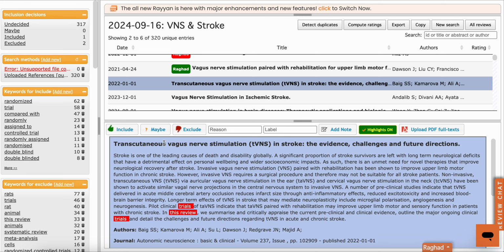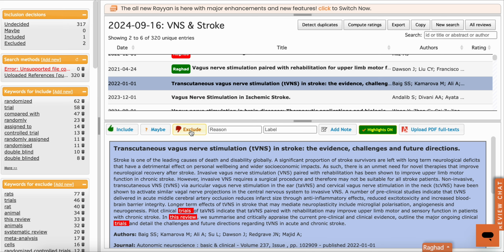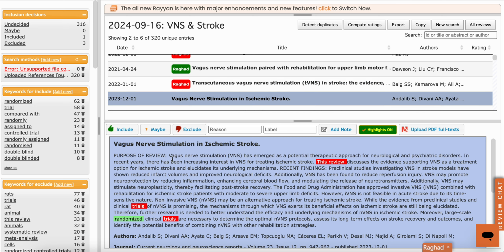Here we talk about transcutaneous vagus nerve stimulation in stroke, the evidence, challenges, and future direction. Actually, this is a review of pilot clinical trials of transcutaneous vagus nerve stimulation. So it is a review, not our study type. Here we talk about vagus nerve stimulation in ischemic stroke.